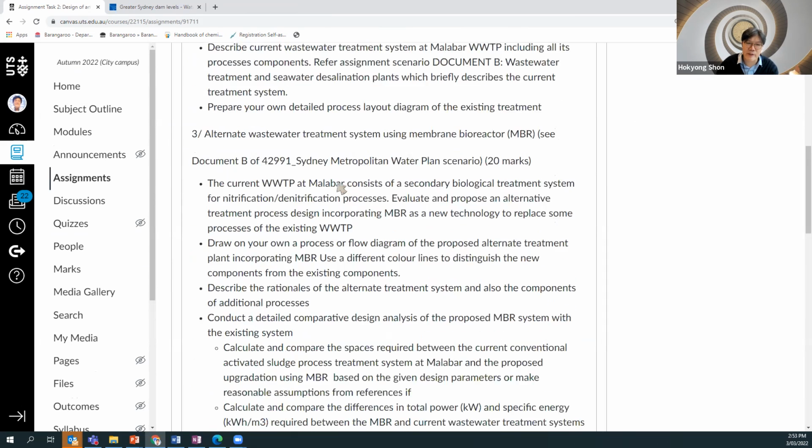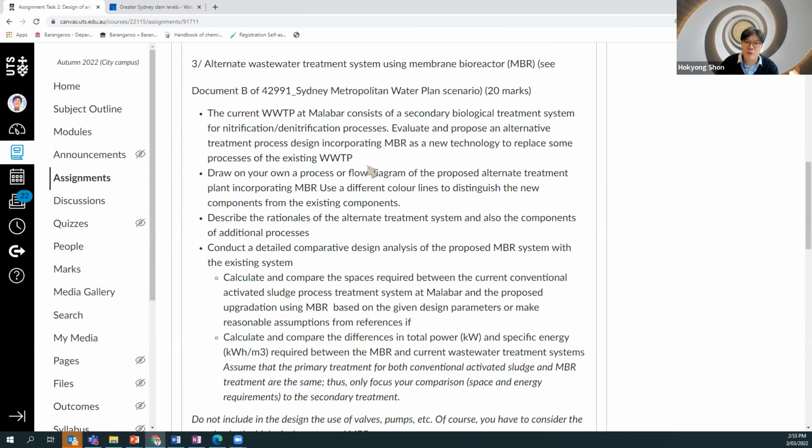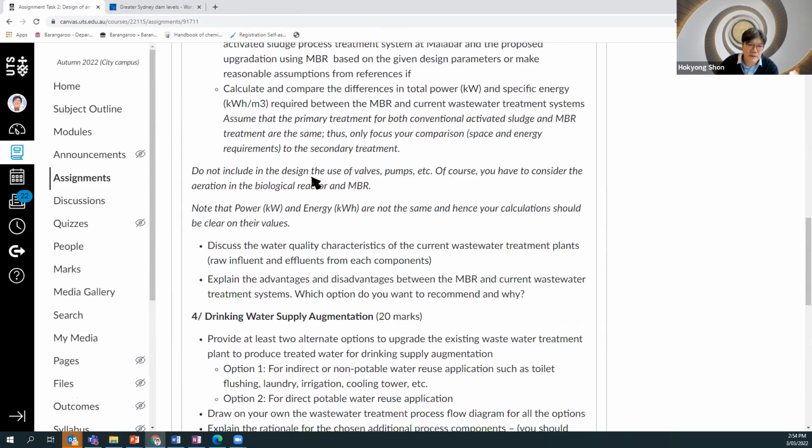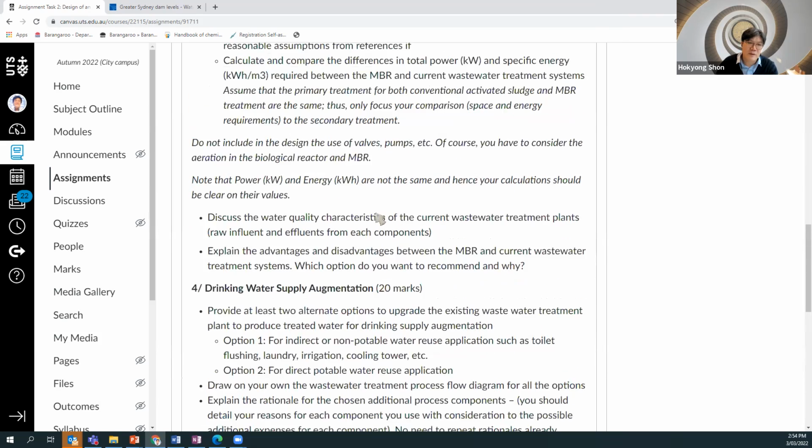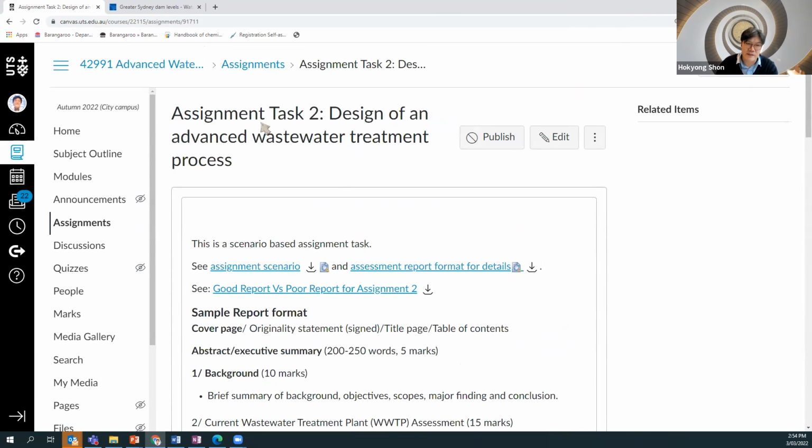Based on the scenario, you can answer all the questions from this assessment report, so that you will have a better understanding of how to design a wastewater treatment plant with the conventional biological treatment process as well as the membrane bioreactor. So that's all about this second assessment.